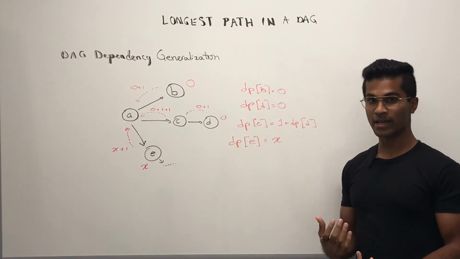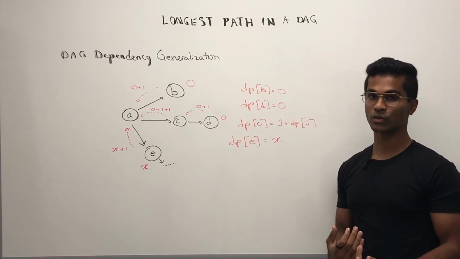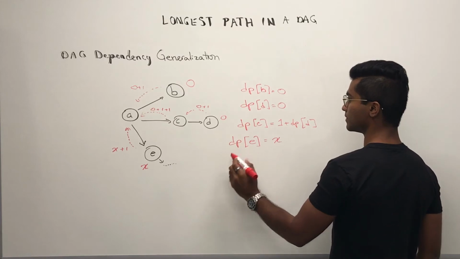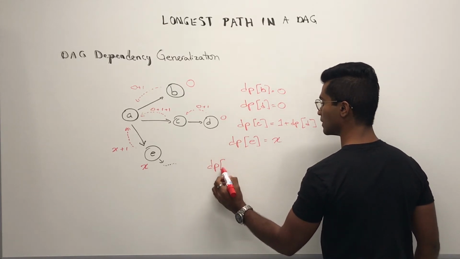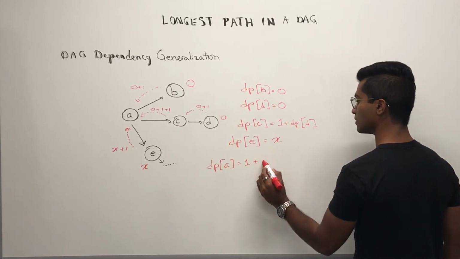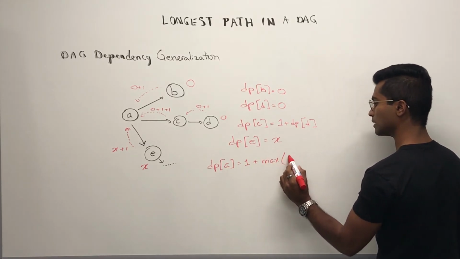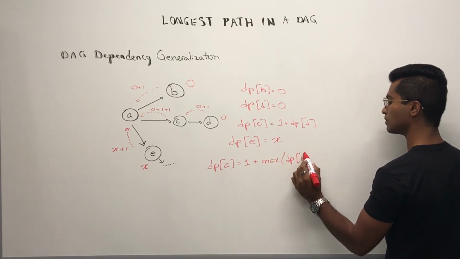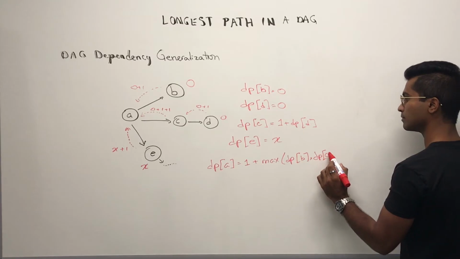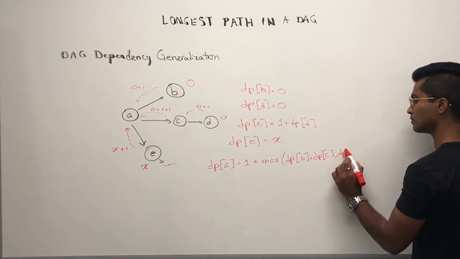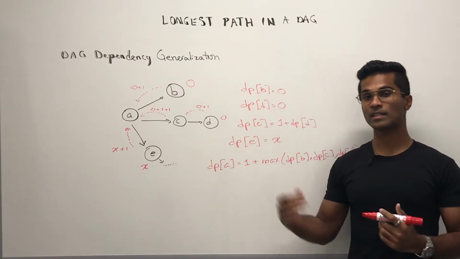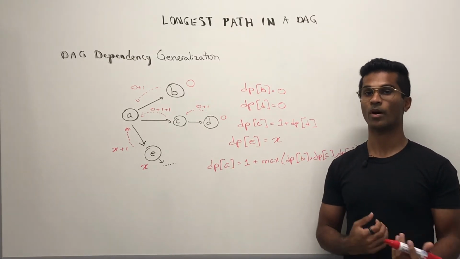Now when it's time for A, it's going to check all of its children, and then it's going to pick. So that's how dp of A is going to be populated.